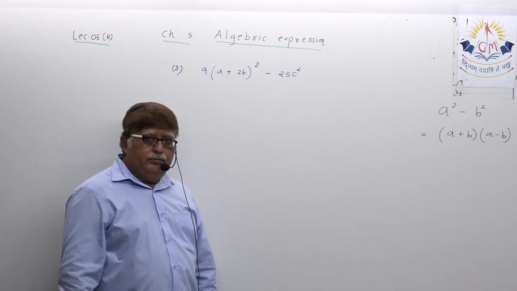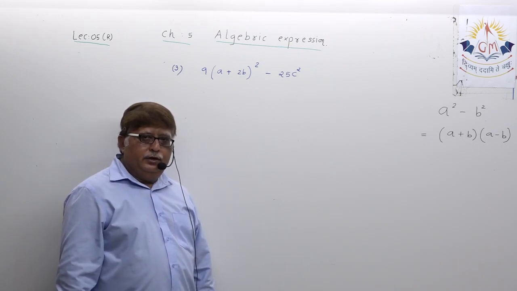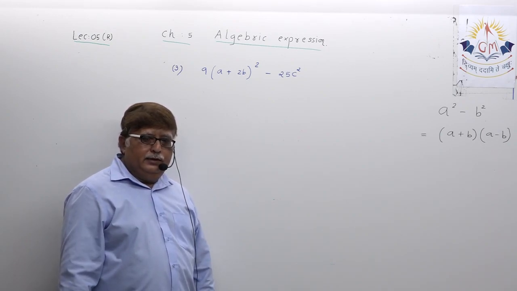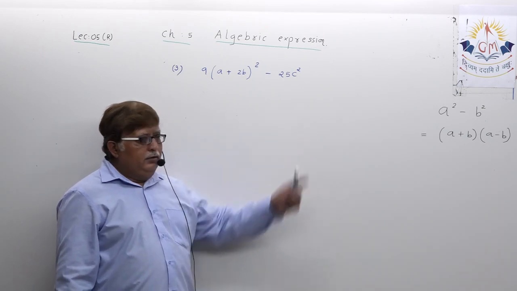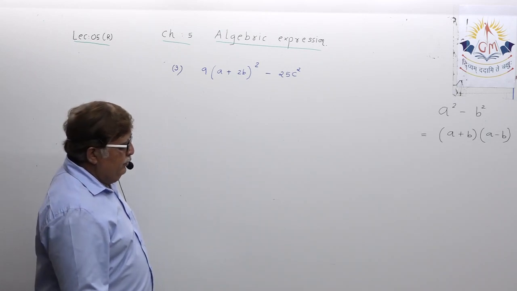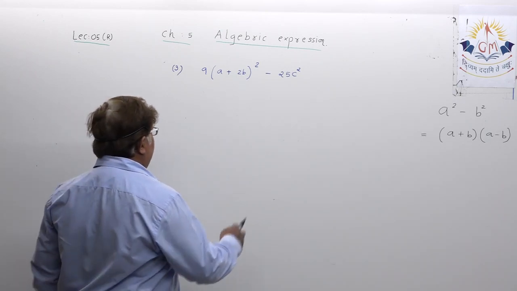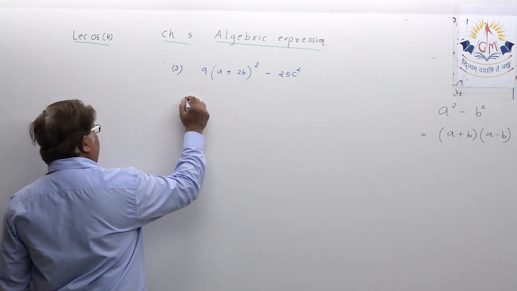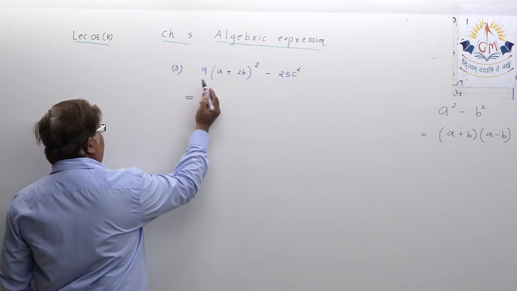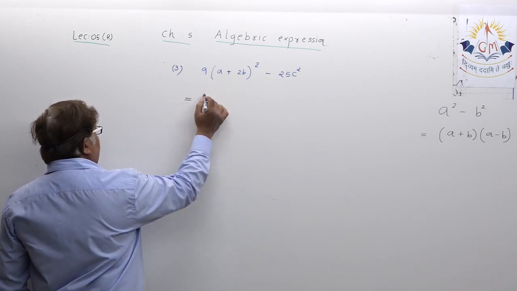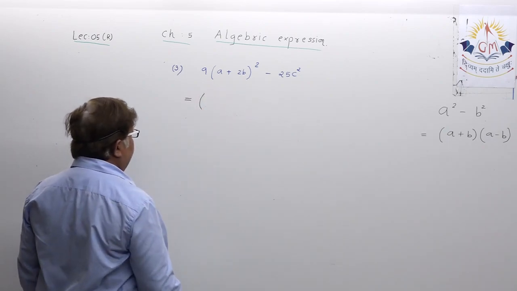So, 2 terms, negative sign between them, both are perfect squares, so we can apply the same identity. How, dear student? Please be watchful here now. How to do it? See.